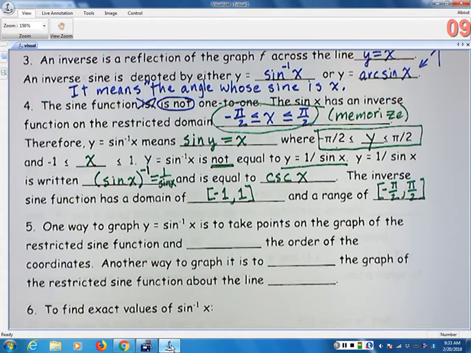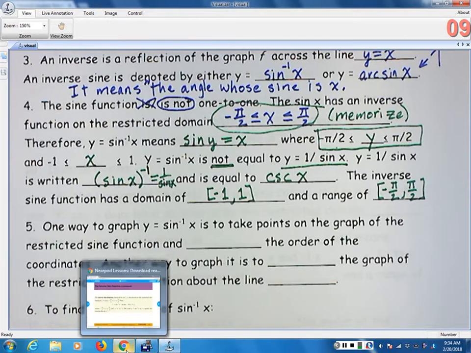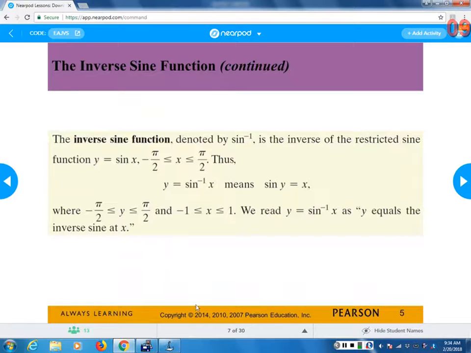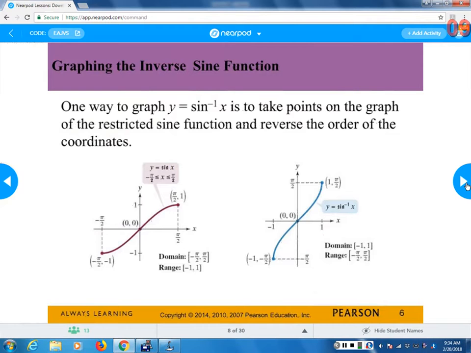Okay, so that's the inverse sine function, and we're going to look at some pictures. One way we can graph y equals inverse sine of x is to take points from the graph of y equals sine x and switch the order of the coordinates.